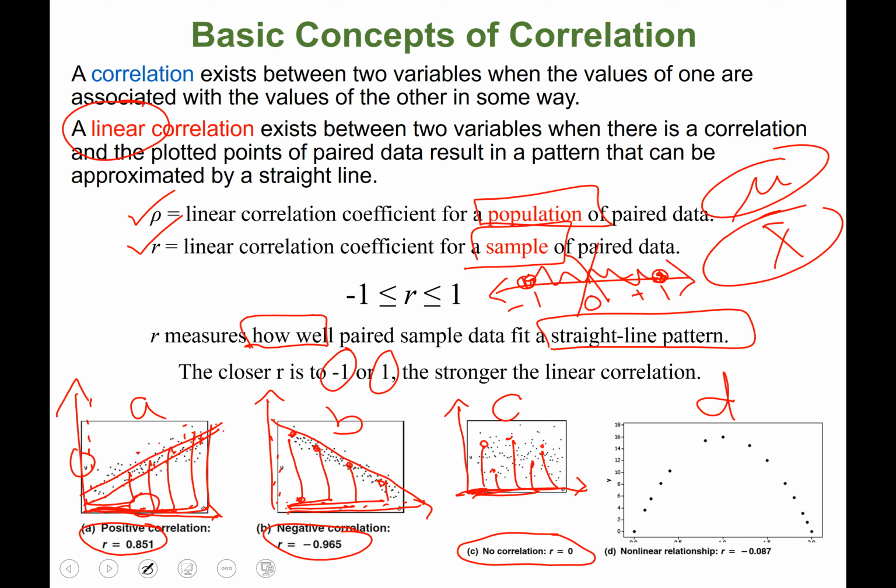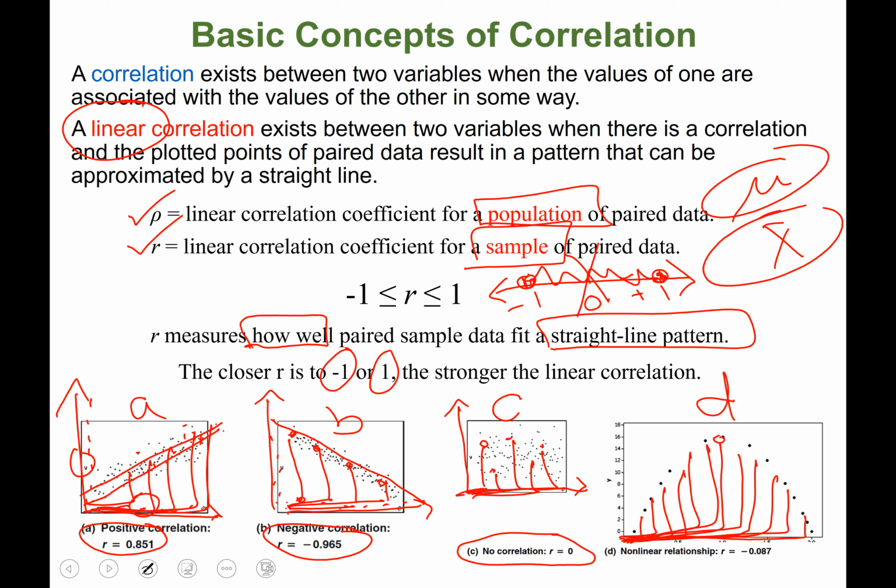This is an interesting one. As X is increasing, Y is also increasing, or at least it appears, until all of a sudden on the other side of this peak, Y starts to decrease as X increases. There is a correlation between these two variables, X and Y, but it is not a linear correlation, okay?